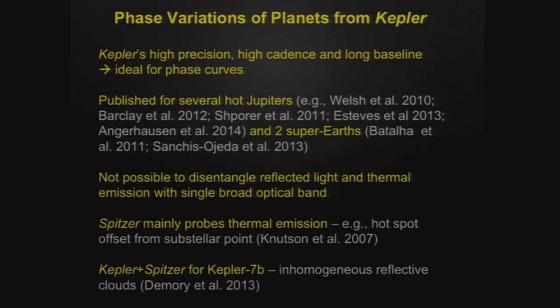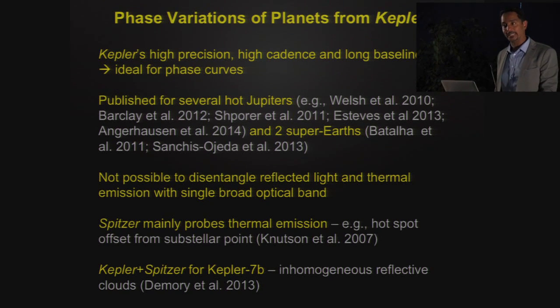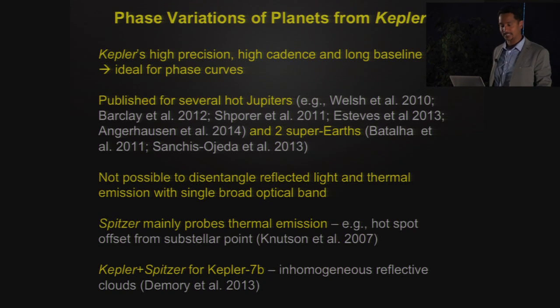Already a number of groups have published phase curves for individual hot Jupiters and for small samples over the last few years, including ourselves last year, and for two super Earths that are relatively bright and hot and close in, and therefore measurable through their phase variations. Of course, with a single broadband filter in the optical, it's not possible to fully disentangle the reflected light component from the thermal emission contributing to the phase variations.